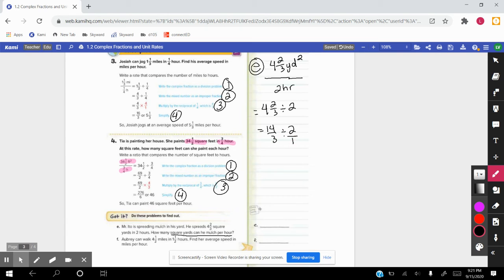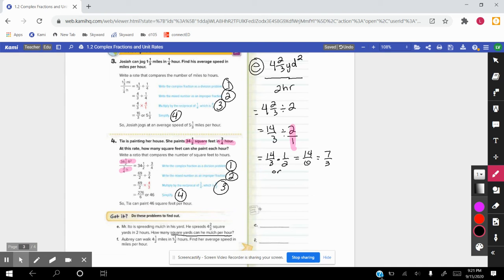I'm also going to put this 2 divided by 1 to make my integer into a fraction. So step number 3, multiply by the reciprocal of, well, for example 4 was 3/4. This one, we want to do the reciprocal of 2 over 1, which is going to be 1/2. So 14/3 times 1 divided by 2. So you have two options. You can just multiply across and you get 14/6, which is reduced down to 7/3.